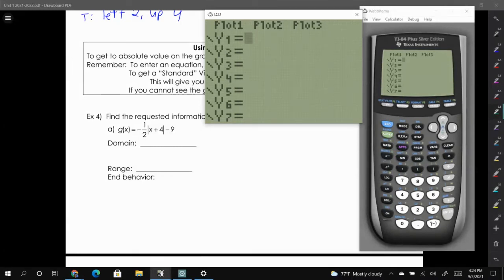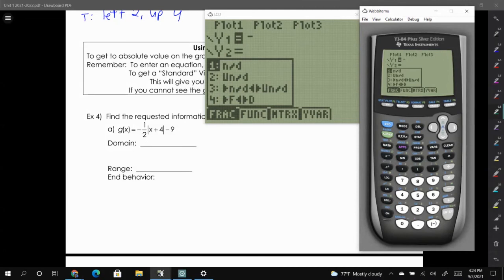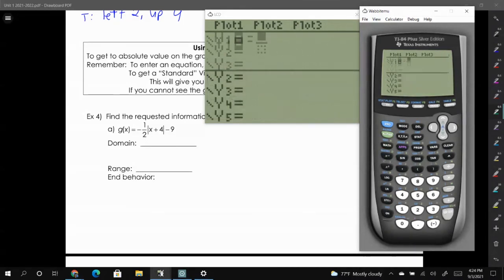Oh, negative. And then to type the 1/2, there's two ways. You could type just 1 divided by 2, or on most calculators, if you press alpha and y equals, you see this n over d, numerator over denominator, so 1 over 2.